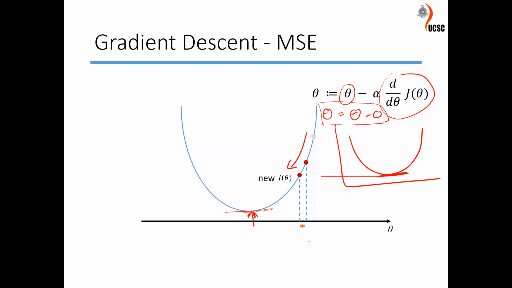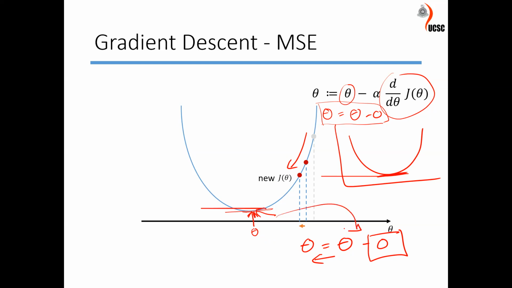In that case, the theta is going to converge to some value, so the theta updating process stopped. Why? Because at this point our derivative is zero.